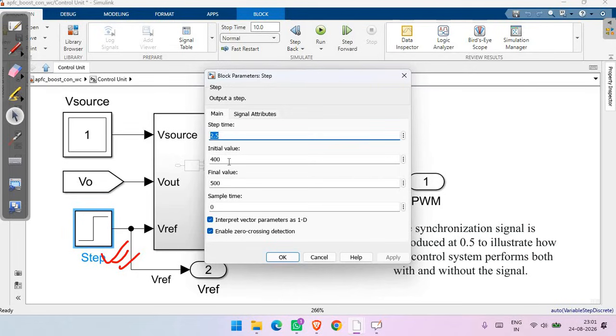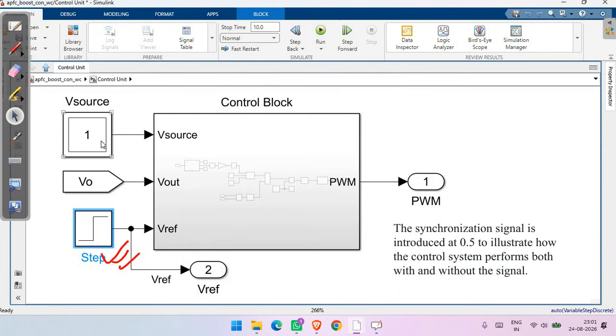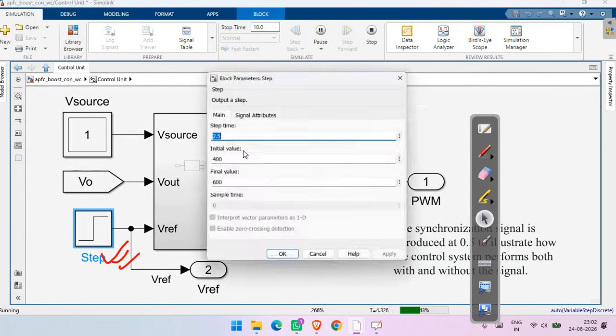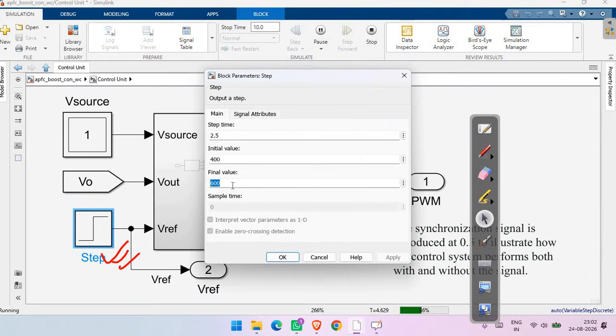After 2.5 seconds it changes from 400 to 500. This is the output voltage and this is the source, and in the output we get the PWM for our MOSFET. Now if we change our step final value from 500 to 600, then let's see.